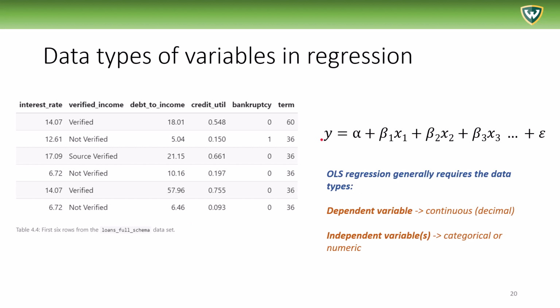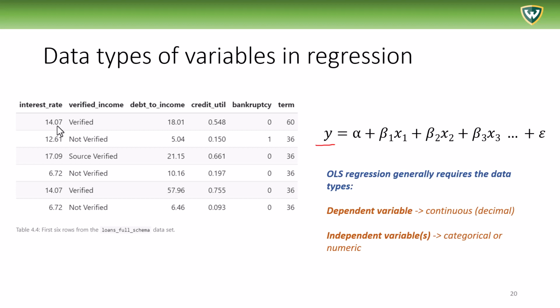So in the regular regression that we're talking about now, linear regression, linear model, OLS, the dependent variable has to be decimal continuous. So the values can be decimal and not just integer.